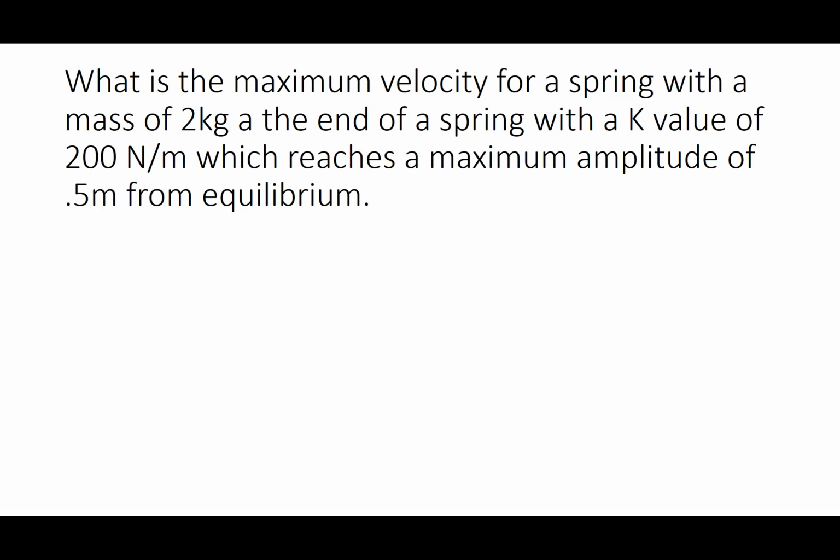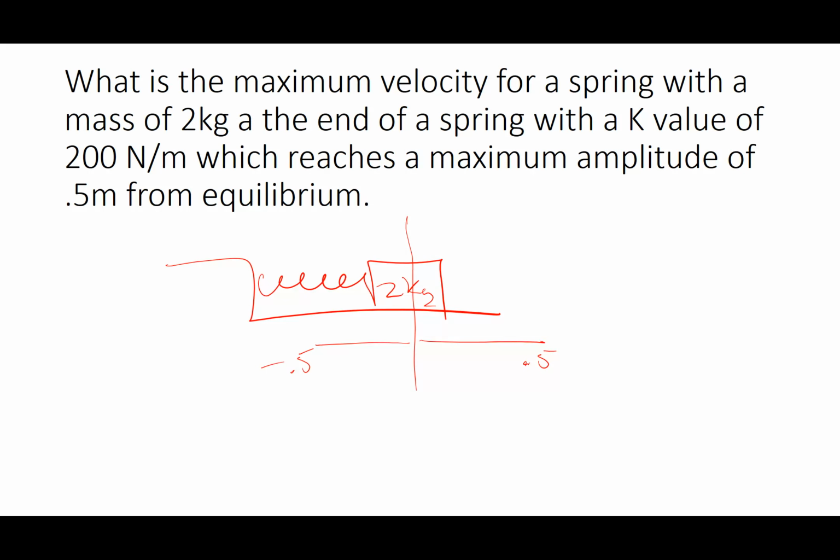All right, what's the maximum velocity for a spring with a mass of 2 kilograms at the end, with a k value of 200 newtons per meter, which reaches a maximum amplitude of 0.5 from equilibrium? So here's my spring, 2 kilogram mass, 0.5 plus, negative 0.5, and this is its equilibrium position.